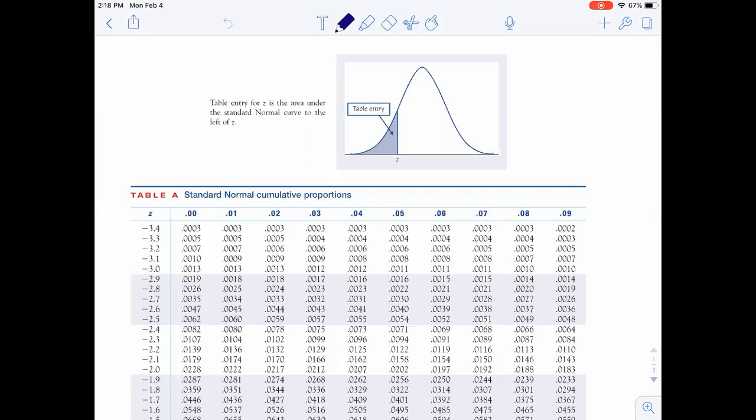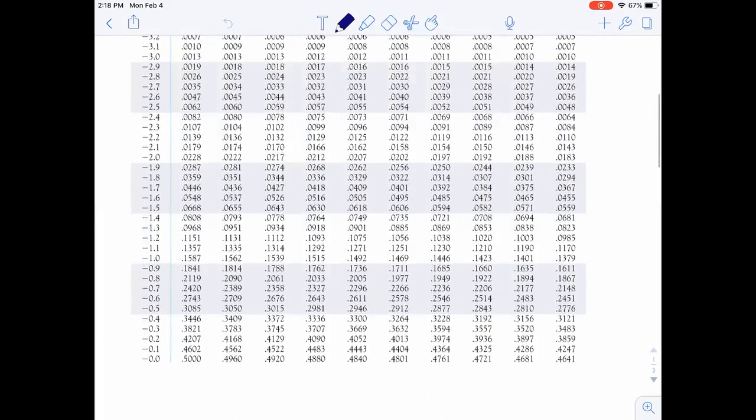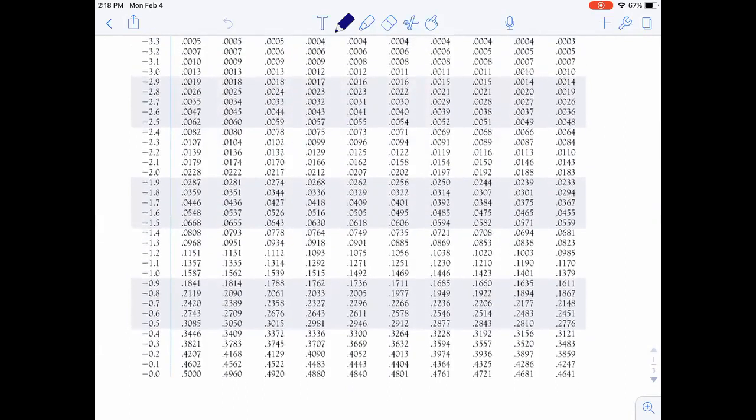What we're going to do is figure out which of these values is closest to 0.04. Don't be fooled. There's a very nice looking 0.004, but that's not it. It's very easy to get caught up in finding something nice like that, but you have to pay attention to your zeros. So 0.04.